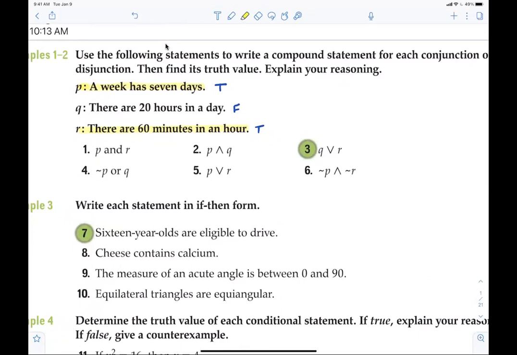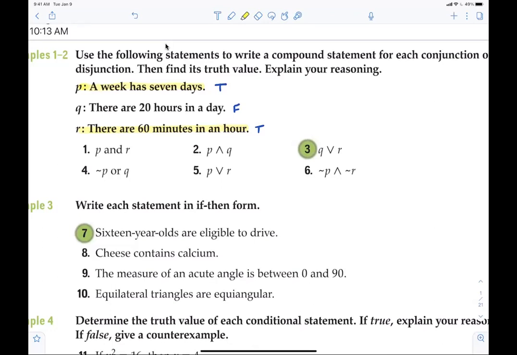Yes, because in an and statement, both statements have to be true. To me, I just think that's logical. I don't have to teach you that, right? And as we go through, you're going to be able to tell me, is the statement that you made true or false? That's what we're doing. So just to recap, number 1, a week has 7 days and there are 60 minutes in an hour. That's true.